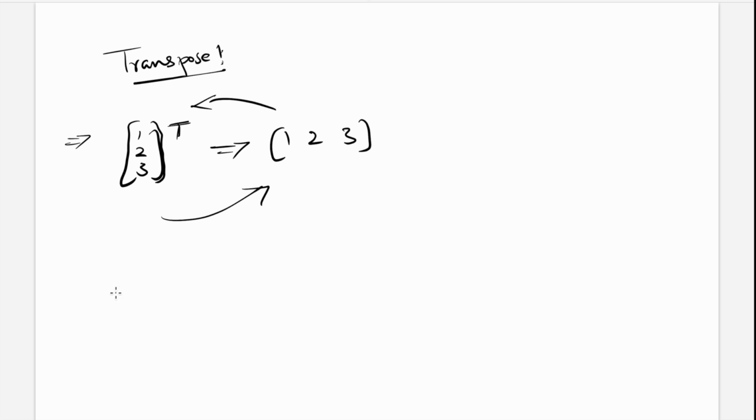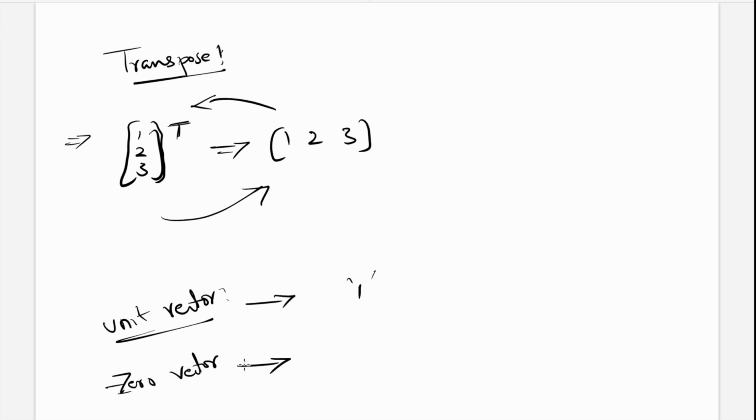There are other vectors too, like the unit vector. Any vector whose length is 1 is called a unit vector. We also have something known as the zero vector.